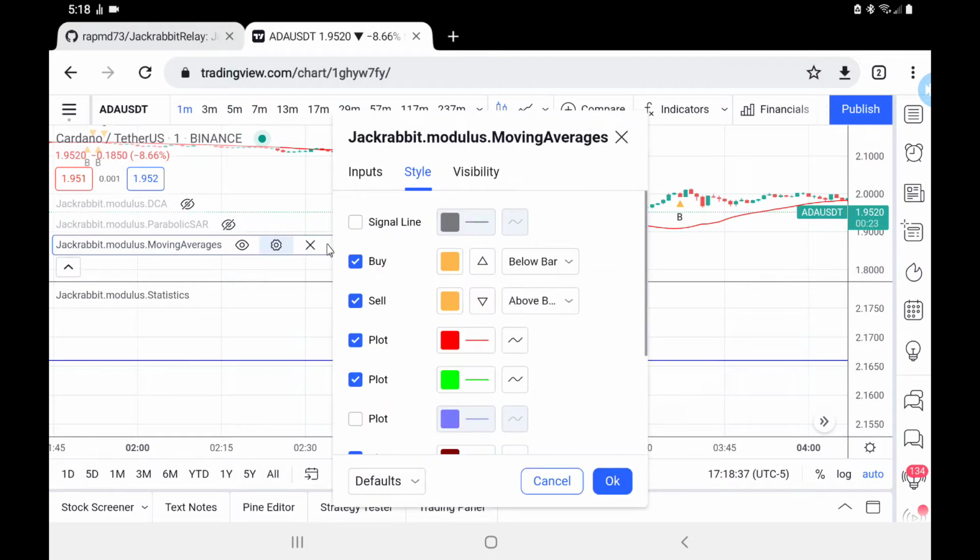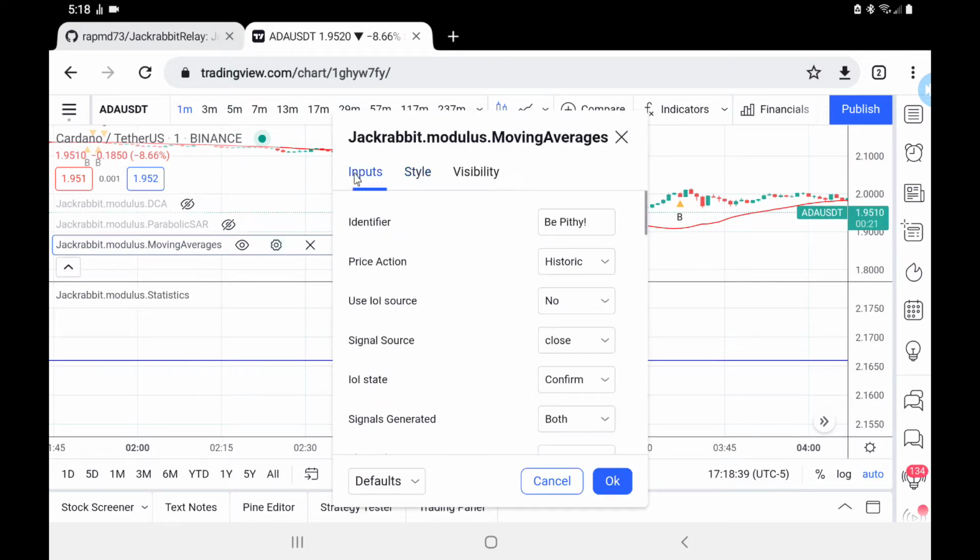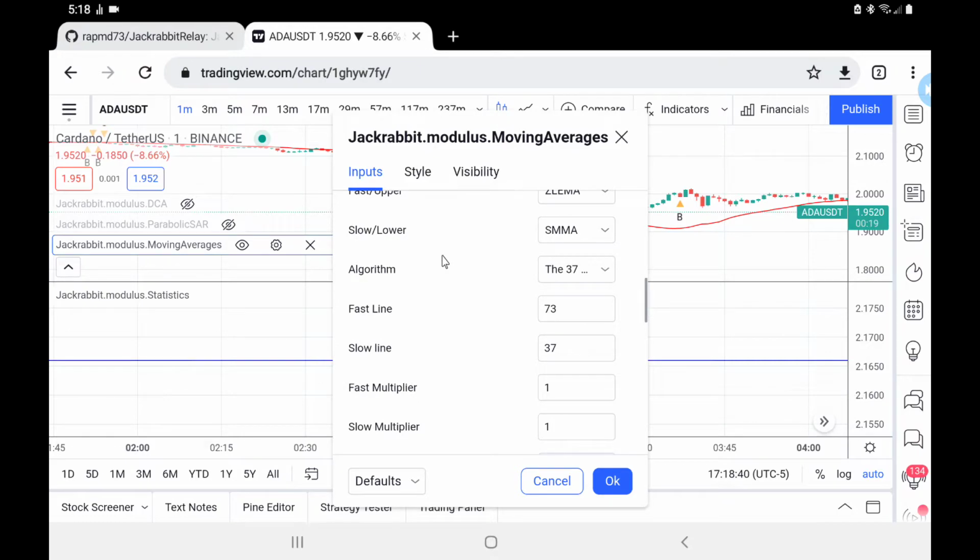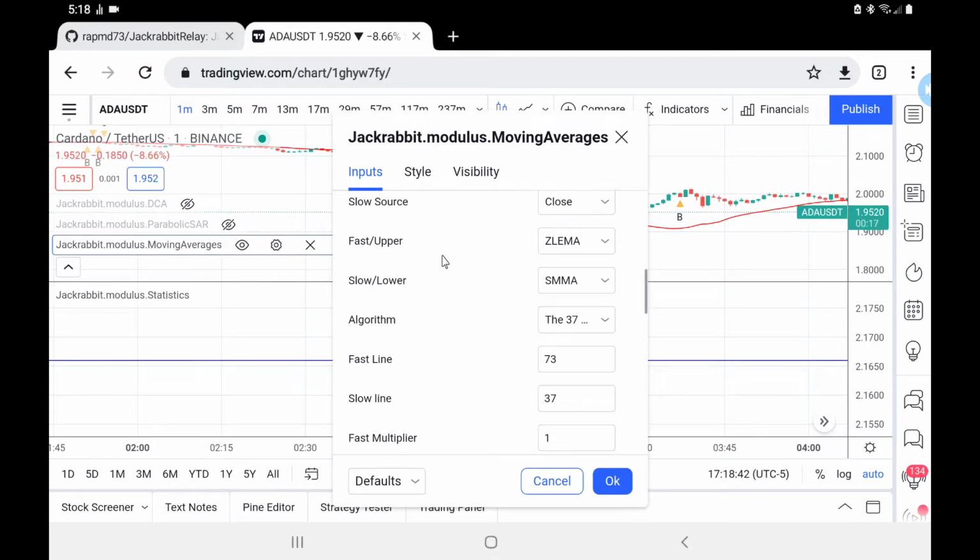So let's look at the settings. The slow line or lower line is completely ignored. Only the fast line and the upper level is in concern. So it's a length of 73 using a zero lag EMA.